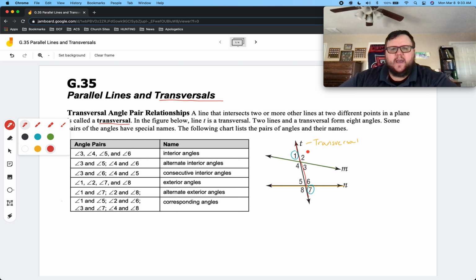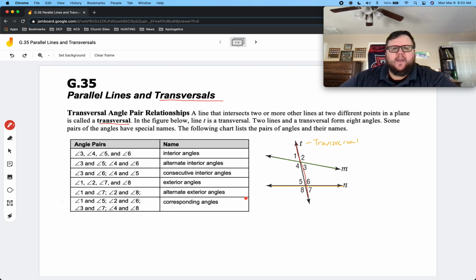And then we also have angle 2 and angle 8. They have a relationship. They are called alternate exterior angles. So they're on alternate sides of the transversal, but they're on the exterior of lines M and N. So 1 and 7, alternate exterior angles. 2 and 8, also alternate exterior angles.